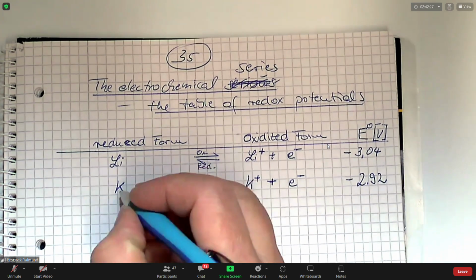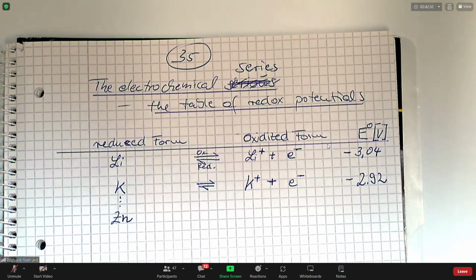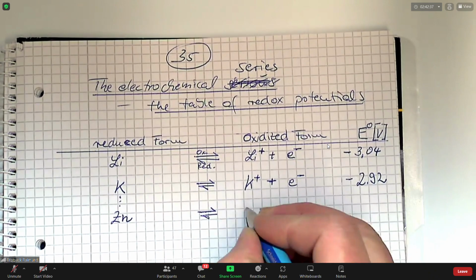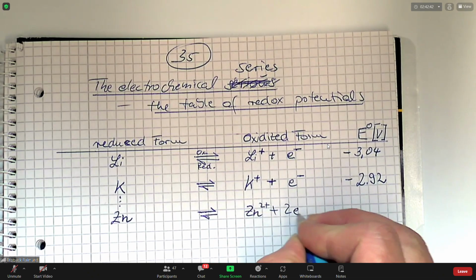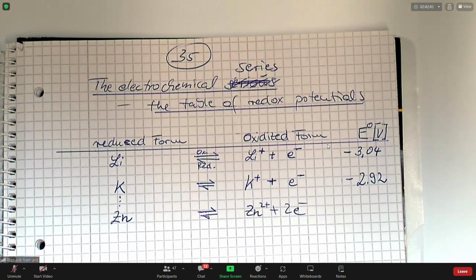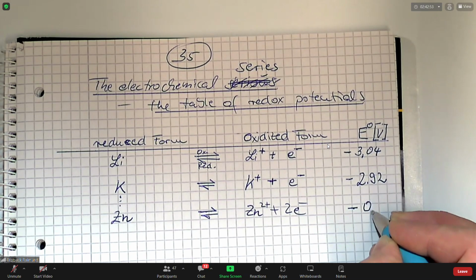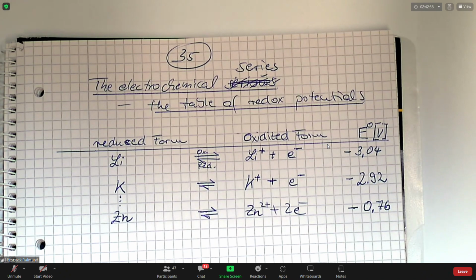The next one is zinc. We already talked about it, not very noble. So it normally is oxidized quite easily, but now we have zinc 2+ plus 2 electrons. That's the reaction, because Zn+ is not built. And here the value is minus 0.76. So here we see it is not noble, but yeah, it is oxidized.